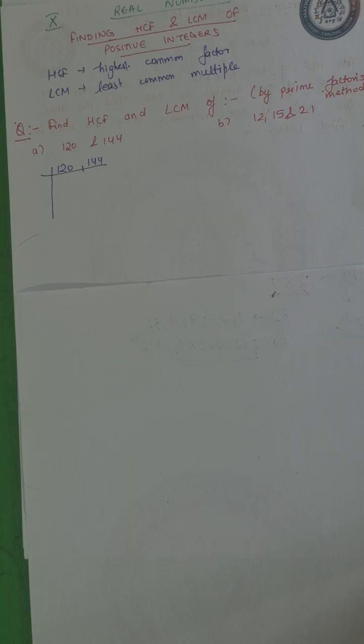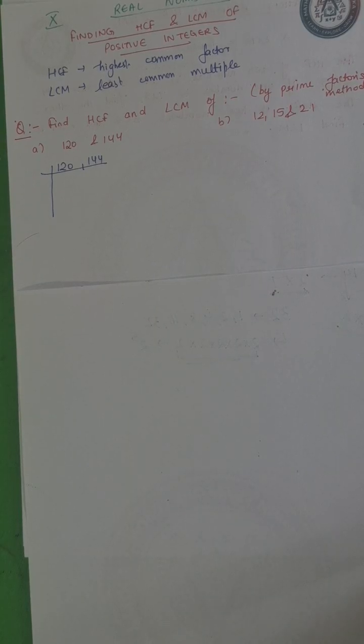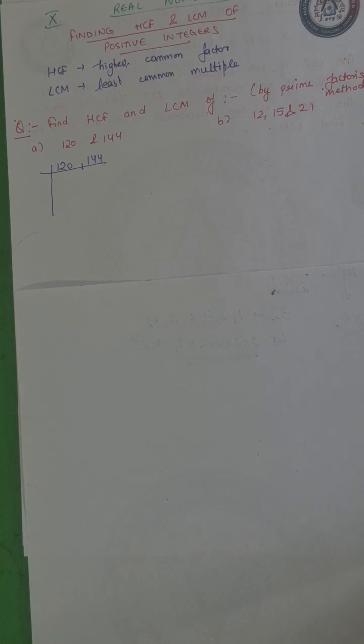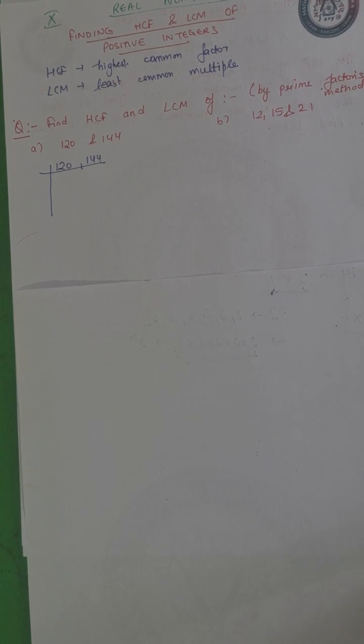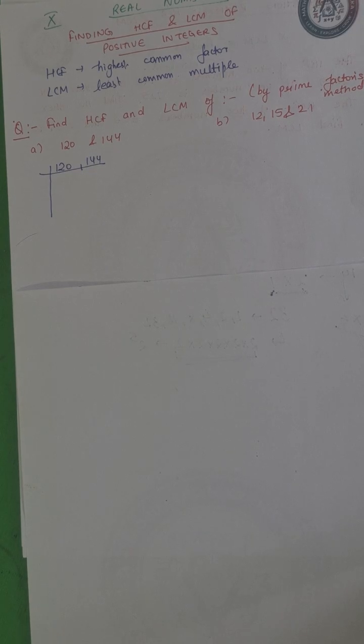So from 120 and 144, I know that both are even numbers. So I will take 2 as a prime number. One more thing, divisibility rules are one of the major concepts. Do comment in the comment section if you want to revise divisibility rules from 2 to 11.